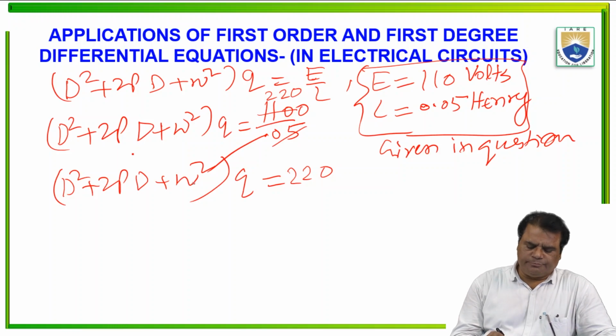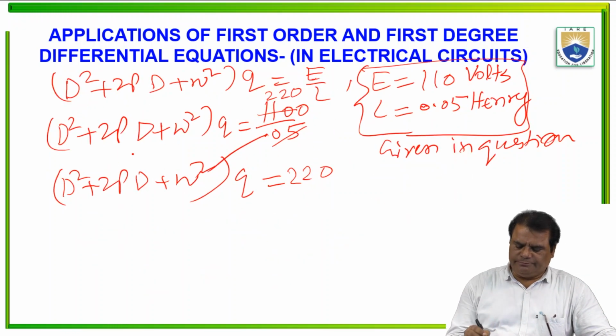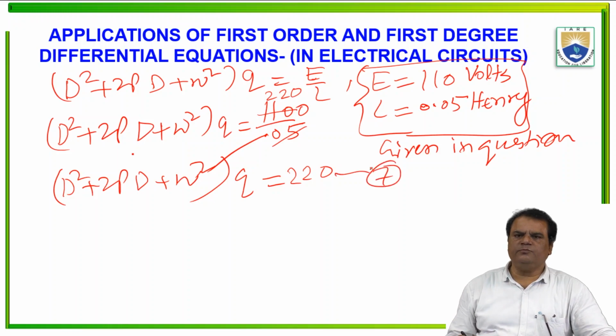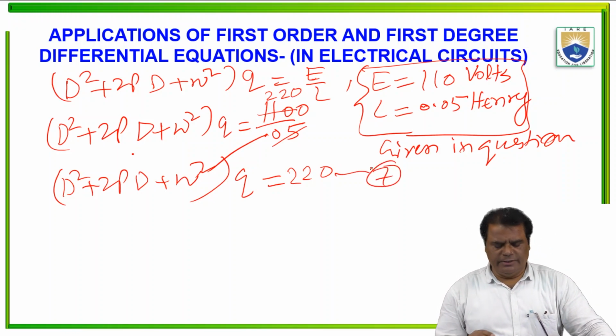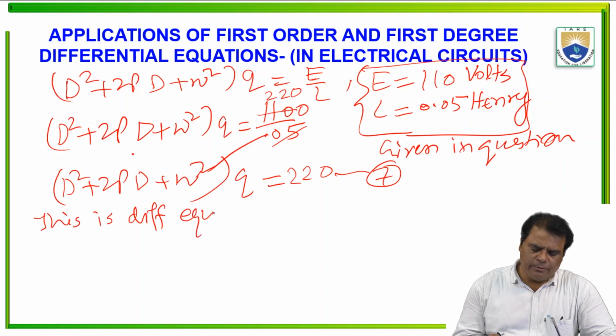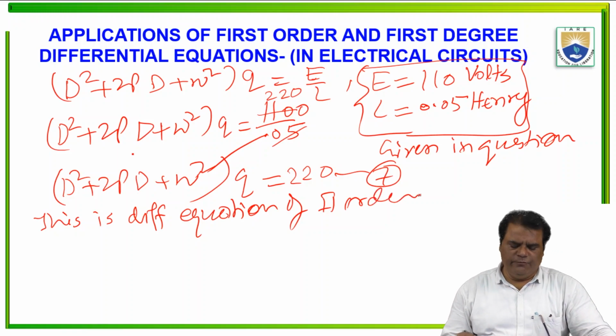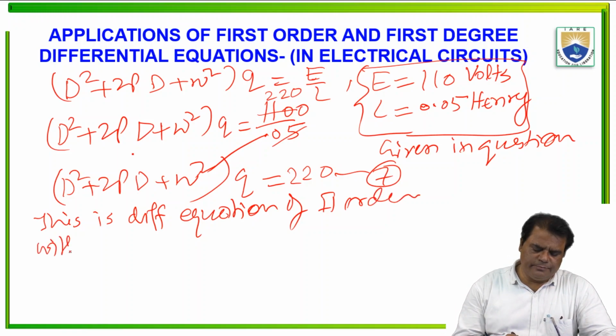This is equation number 7. Equation 7 is a differential equation of second order with constant coefficient.